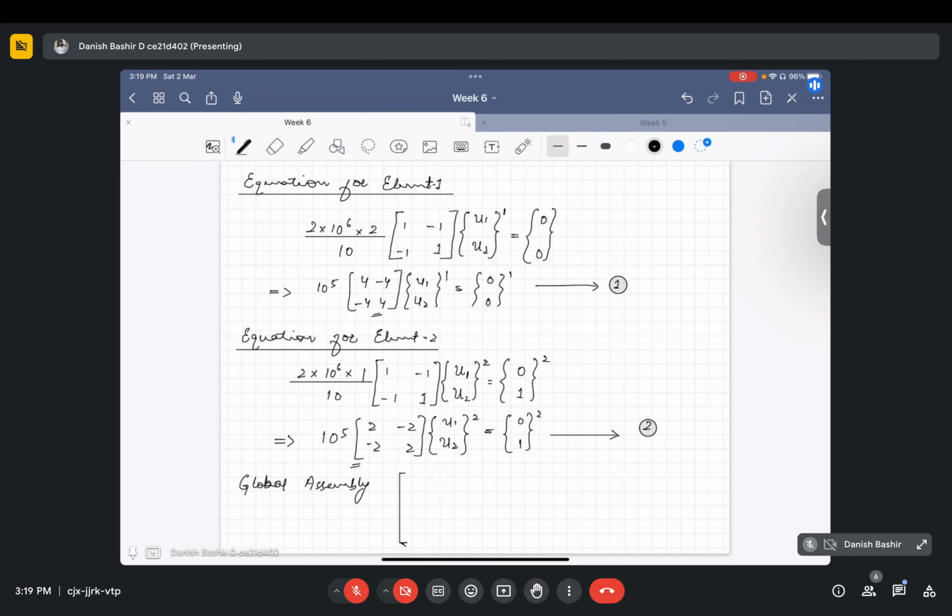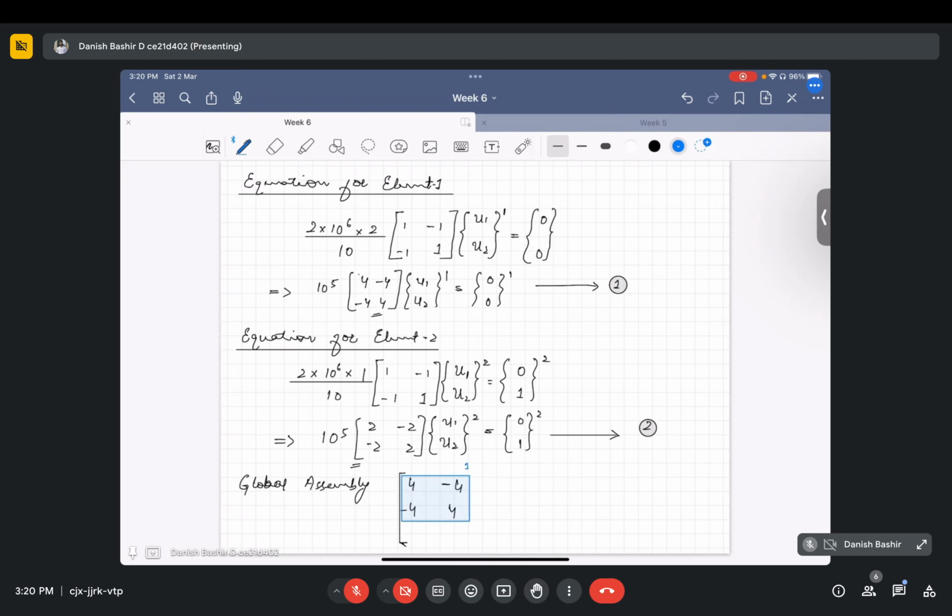You take this matrix and write it here, 4 minus 4, minus 4 4. This is the matrix of the first element.